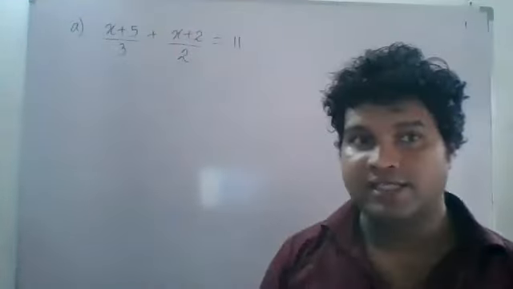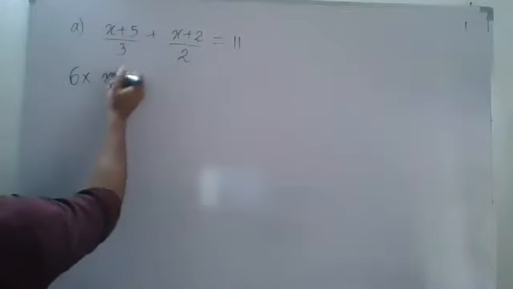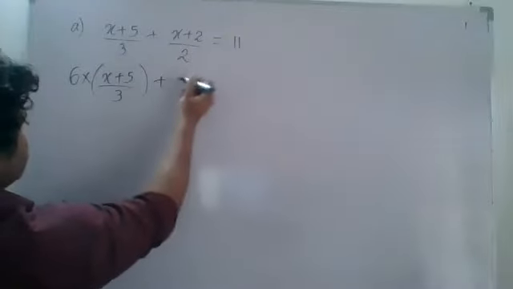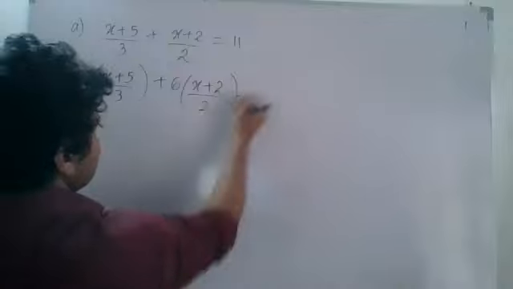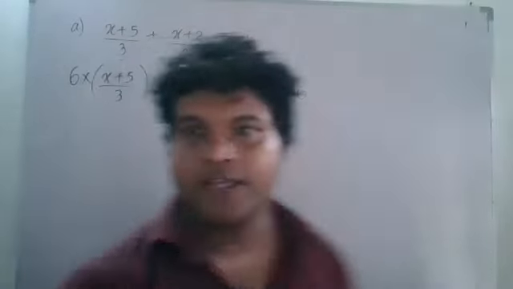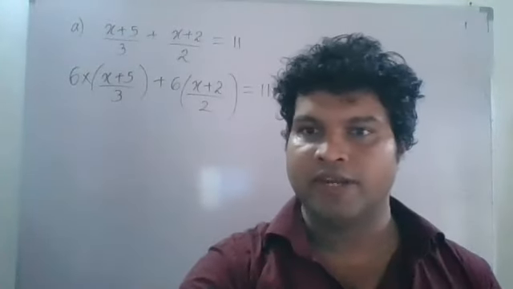Right, therefore, we used 6 times (x + 5)/3 and 6 times (x + 2)/2 and 6 times 11. Use that. Then try to remove the denominators.